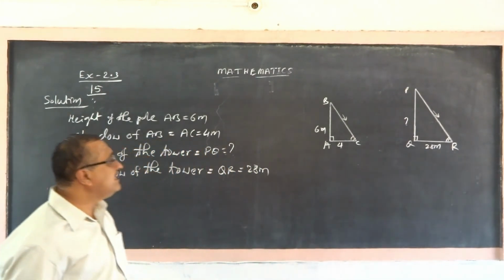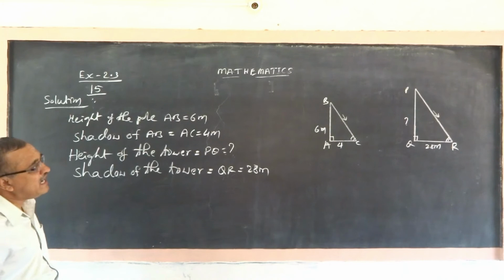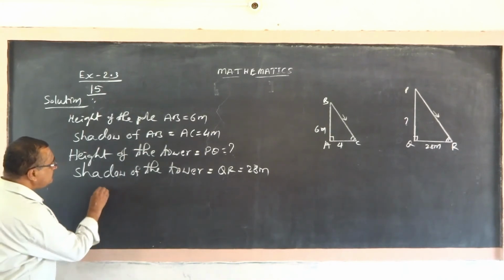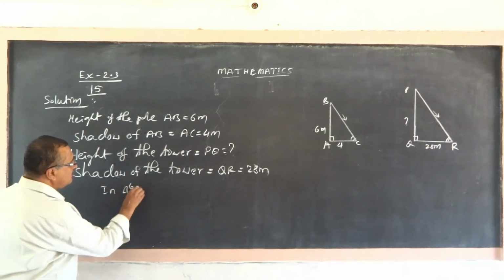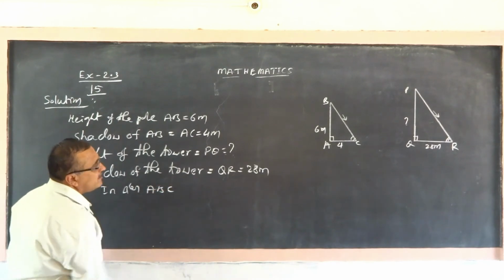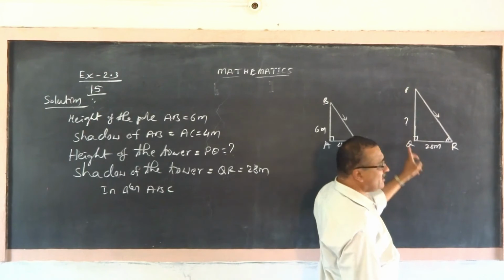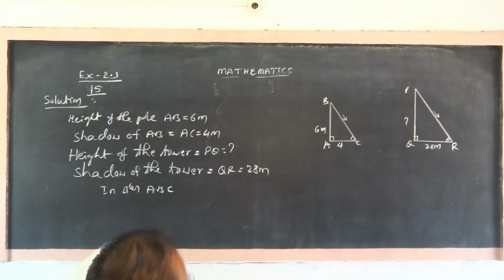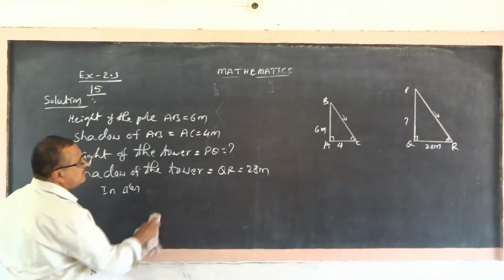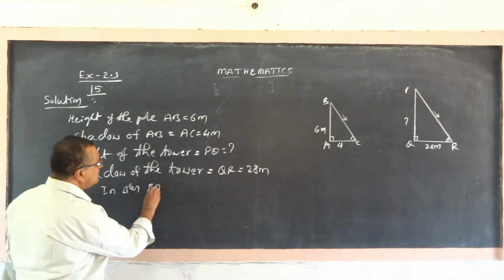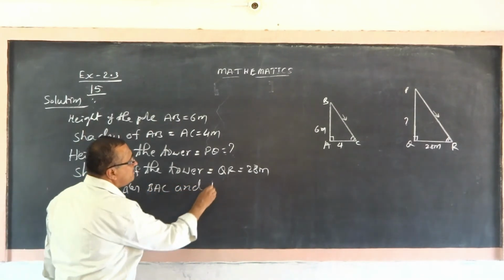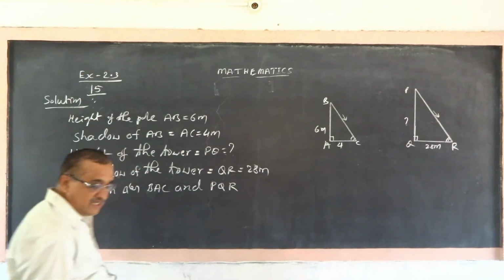Now take triangles ABC and QPR. In triangles BAC and PQR, what are the equal angles?